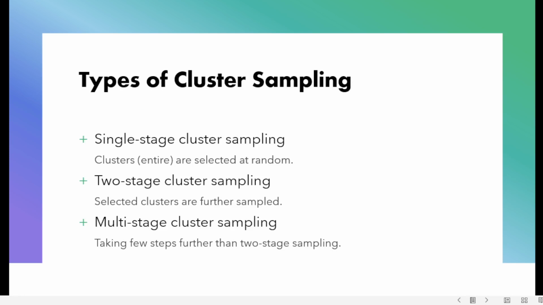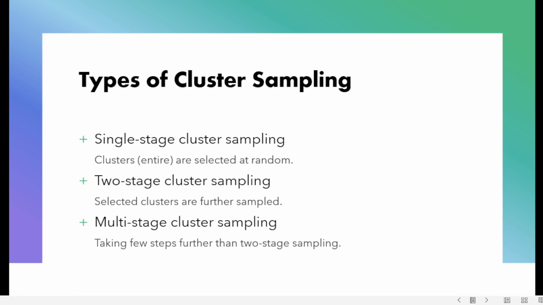In single stage cluster sampling, first of all, the population is divided into different clusters, and then a random sample is taken using the systematic or simple random sampling technique. In two stage cluster sampling, selected clusters are further sampled. We select members of the clusters from the selected ones.